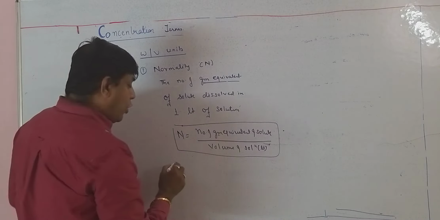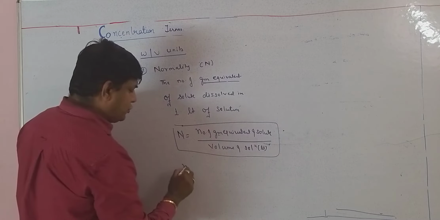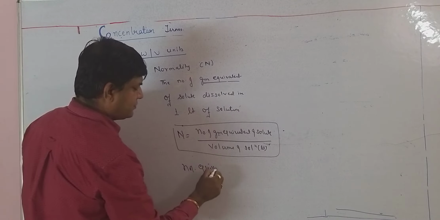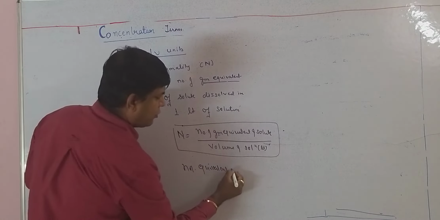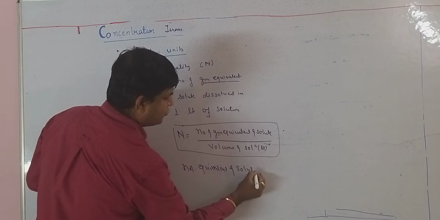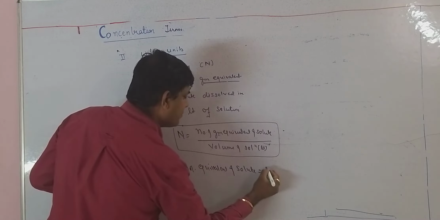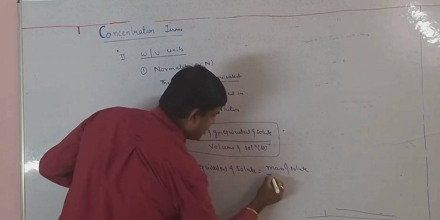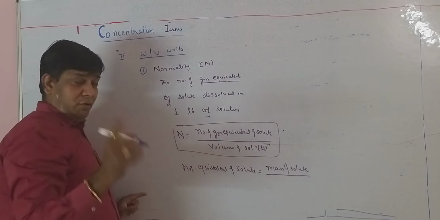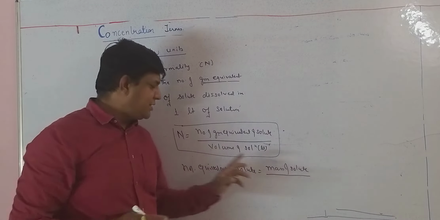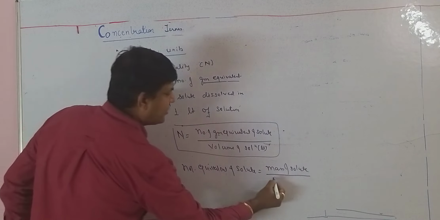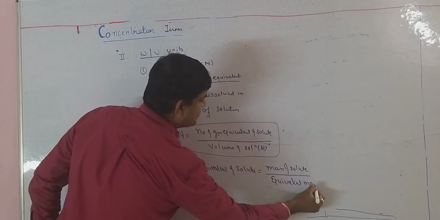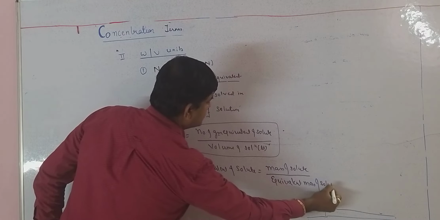Now see, how can we find the number of gram equivalents of solute? Number of equivalents of solute, formula is the same: mass of solute divided by, in the case of moles we divide by the molecular mass, in the case of equivalents we divide by the equivalent mass of solute.